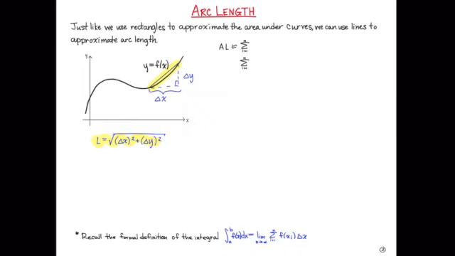Now, if we added up all of these little pieces, these little straight lines along the curve, then we'd be summing up all of those delta x's and delta y's, and that gives us the sum from i equals 1 to n of the square root of delta x sub i quantity squared plus delta y sub i quantity squared.